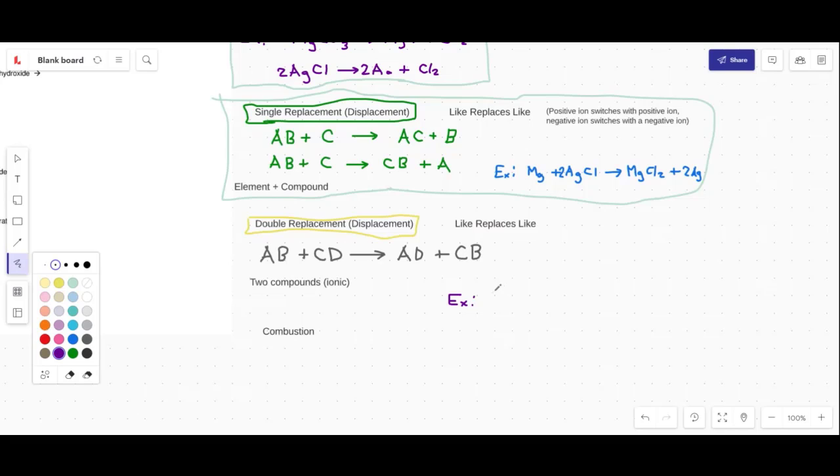Let's say you had Pb(NO3)2, so lead 2 nitrate, plus aluminum chloride.